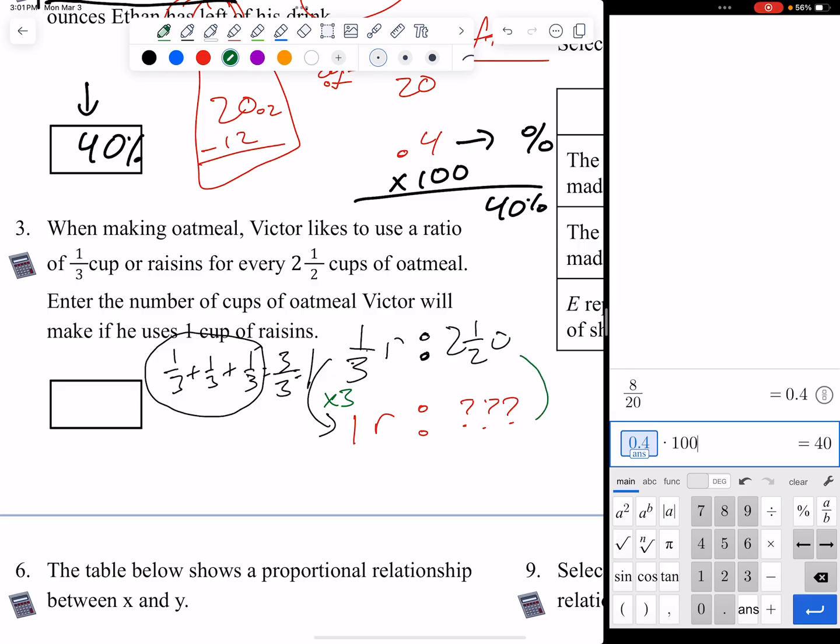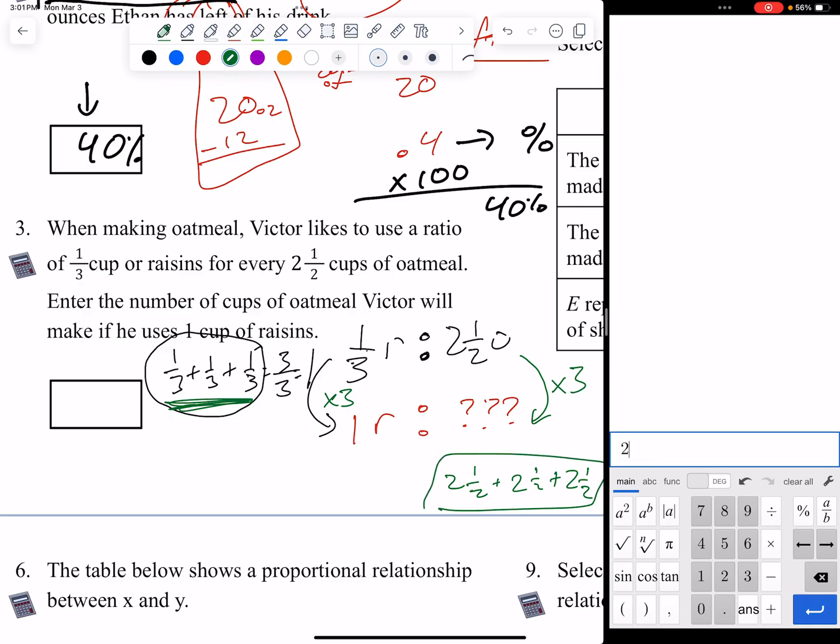If I do that to the raisins, I have to do that to the oatmeal. So you could have said 2.5 plus 2.5 plus 2.5, right? But that's just 2.5 times 3. So 2.5 times 3 gives me 7.5, or 7.5 cups of oatmeal.